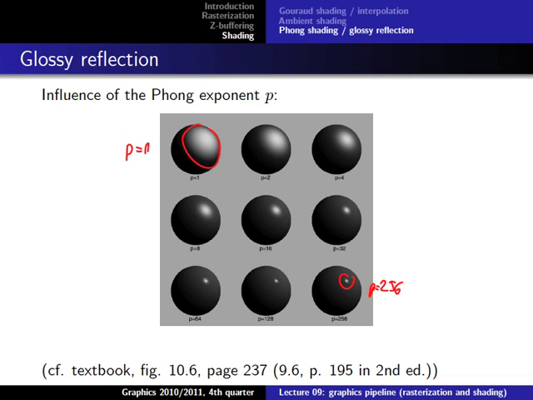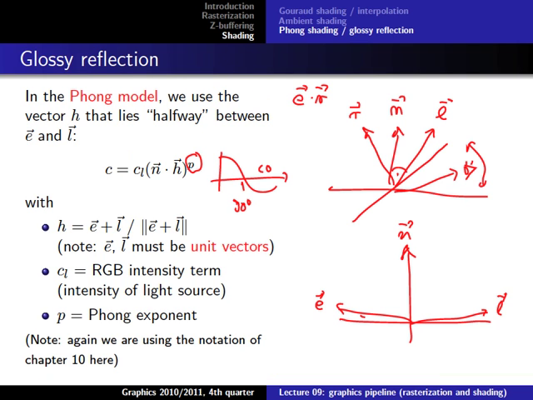And depending on what we want to model, what kind of light and characteristic of our sphere in this case we want to show in our image, we choose this value p appropriately. And of course, if we use the Blinn-Phong or the Phong shading, we get a different result, but we have to tweak and treat it anyhow.